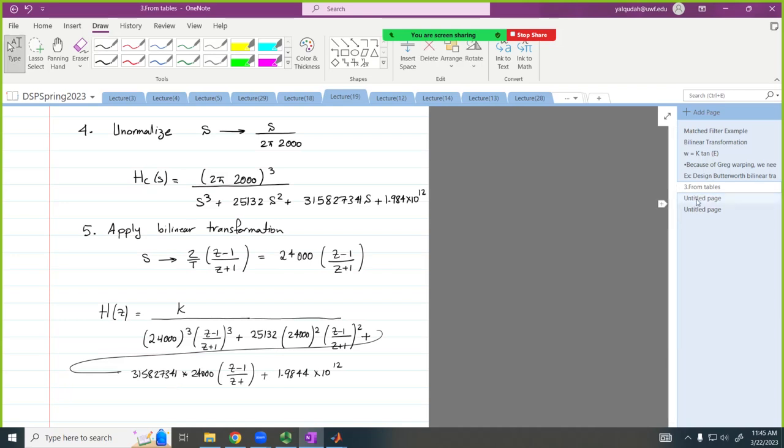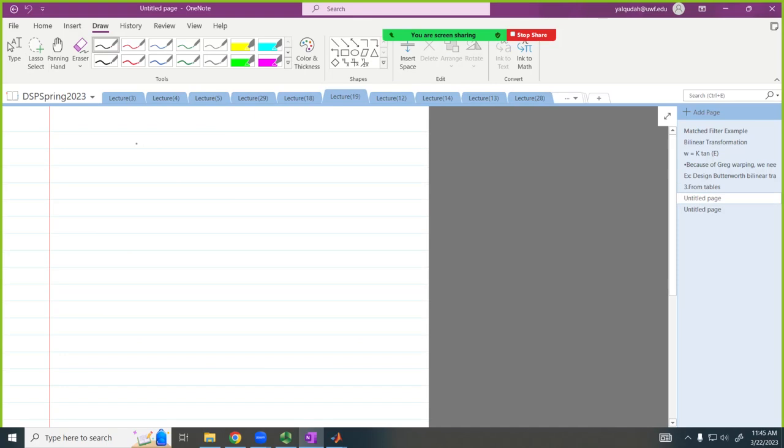So simplifying this, if you spend a few minutes simplifying it, you're going to get H of z, which is K over z cubed minus 0.965 z squared plus 0.58 z minus 0.10601. And believe it or not, this innocent looking H of z came from that formula.